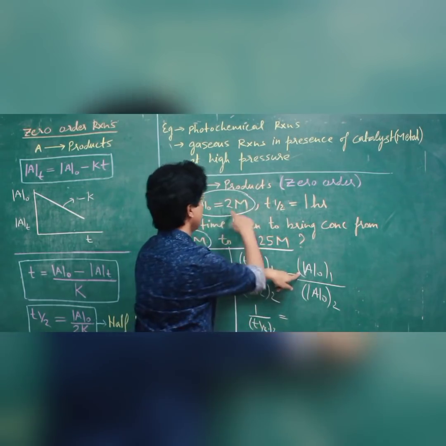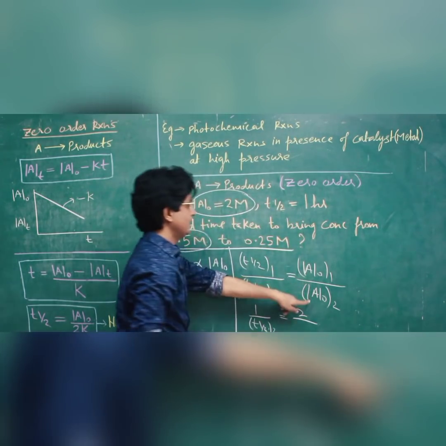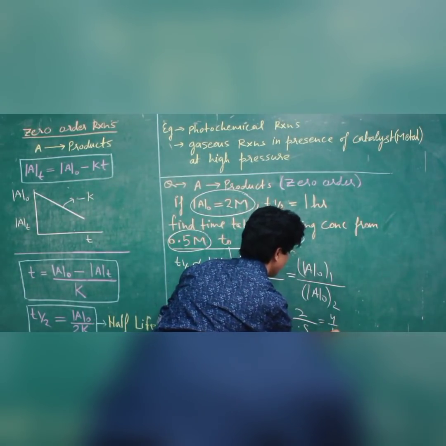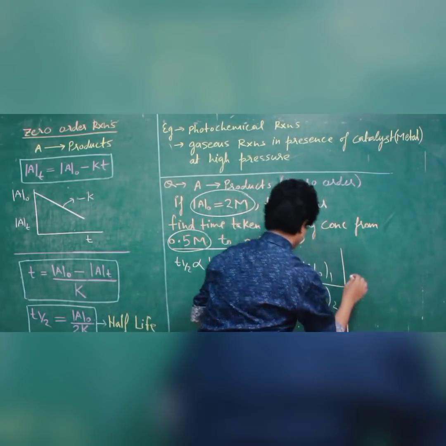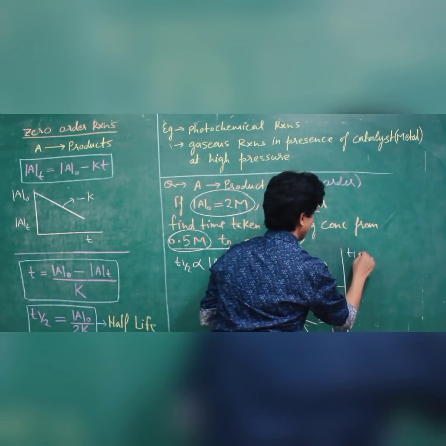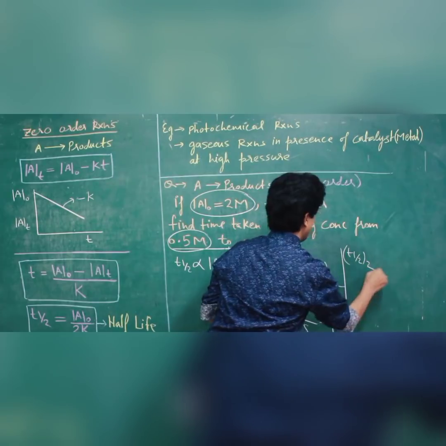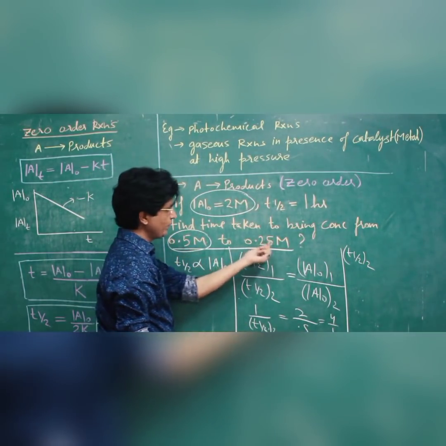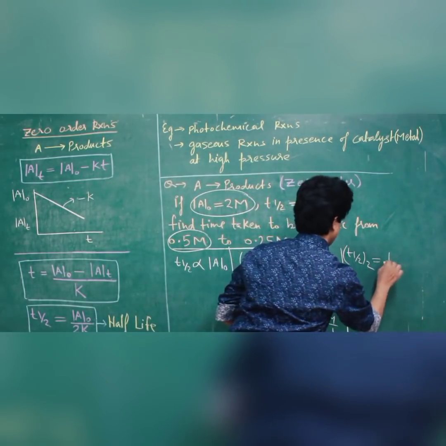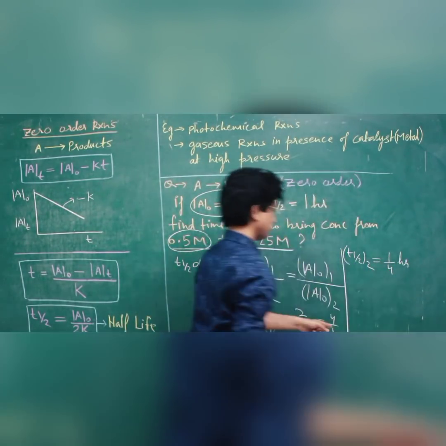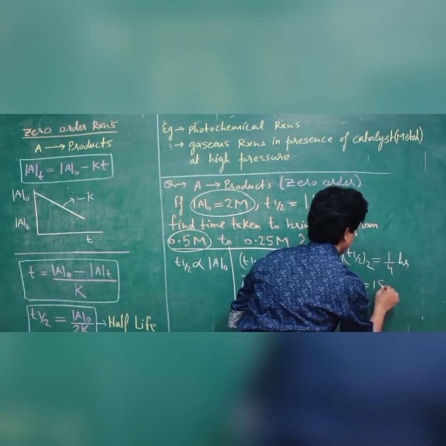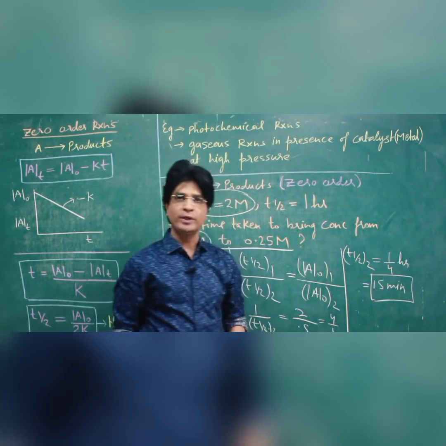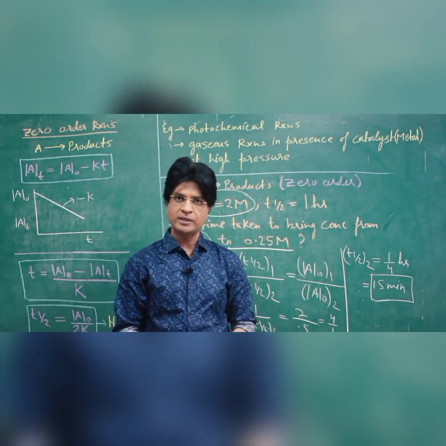It equals A naught here is 2 molar and A naught here is 0.5. So you will see that this will be 4 by 1. So by rearranging, t half required to bring concentration from 0.5 molar to 0.25 molar will be 1 by 4 hour. And this will be equal to 15 minutes. So this is how you are going to do the question. I hope it is clear.